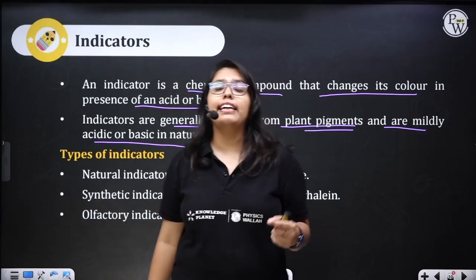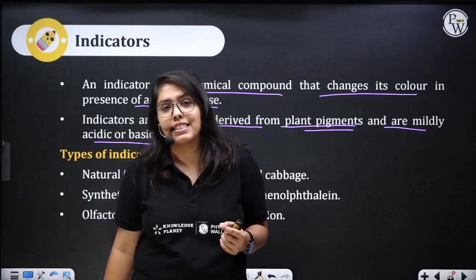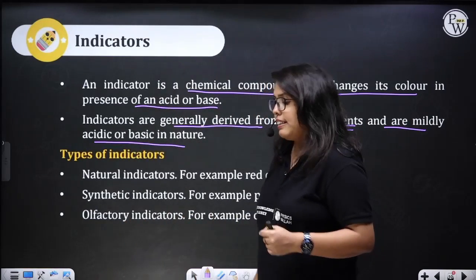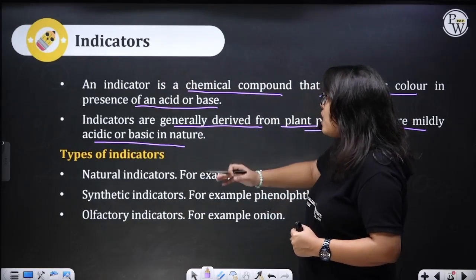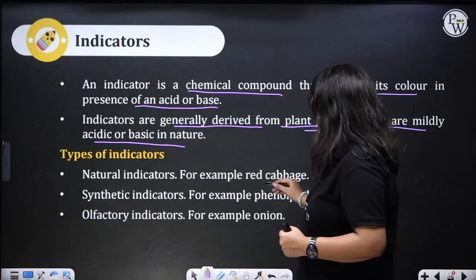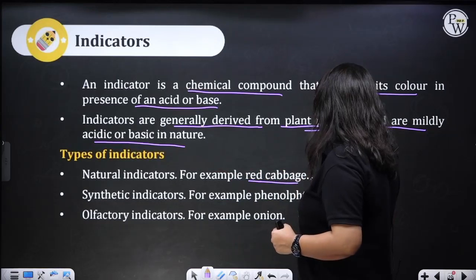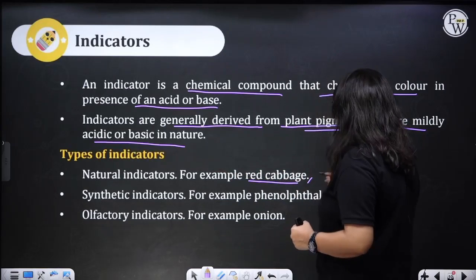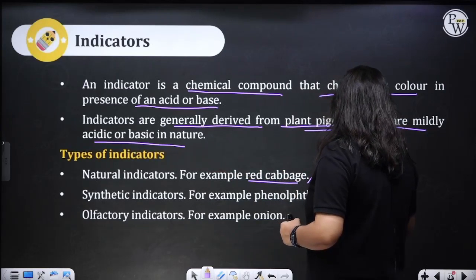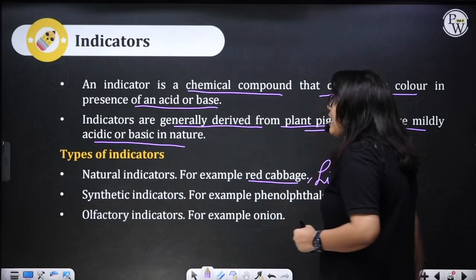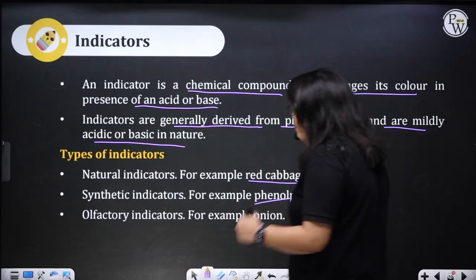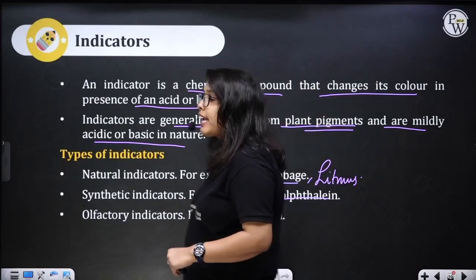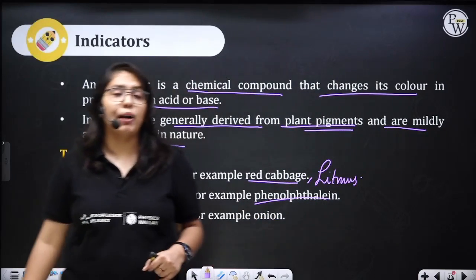If they are derived from chemical substances, they are known as synthetic indicators. Here are a few examples. The most common natural indicator is red cabbage, and then we also have litmus. Synthetic indicators include phenolphthalein and methyl orange. For olfactory indicators, we have onion and vanilla.